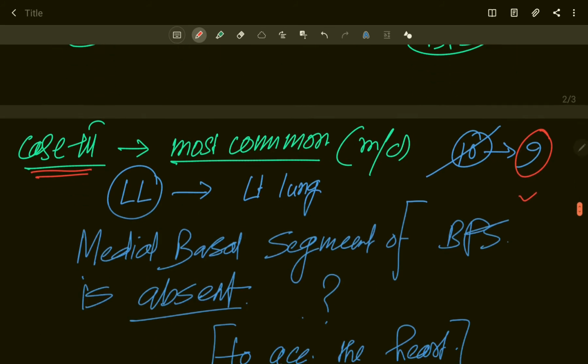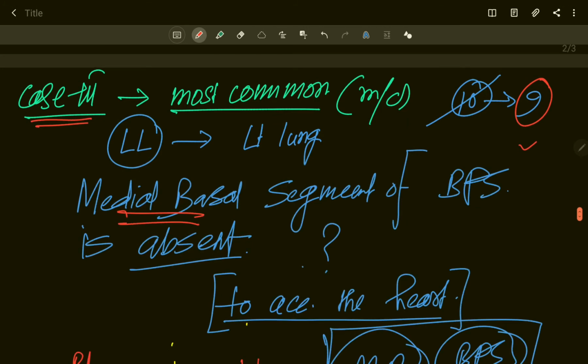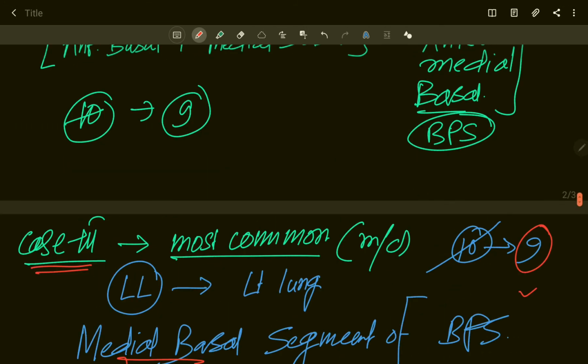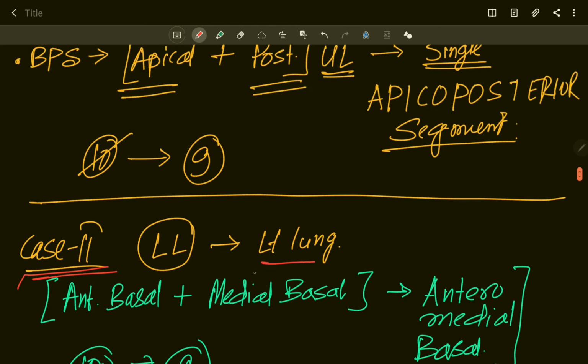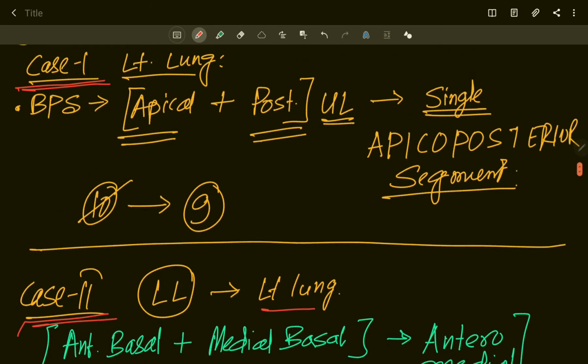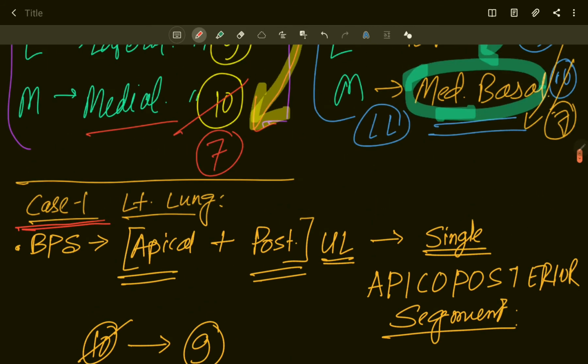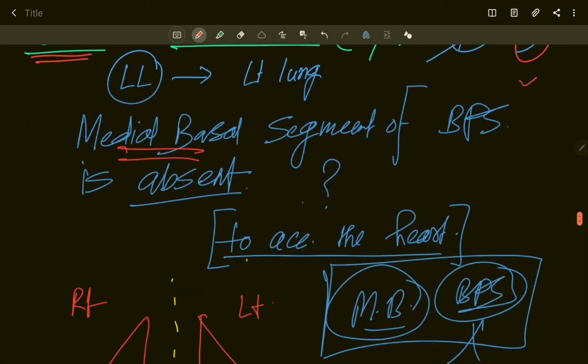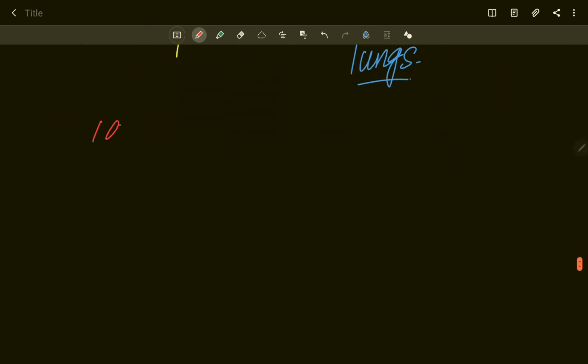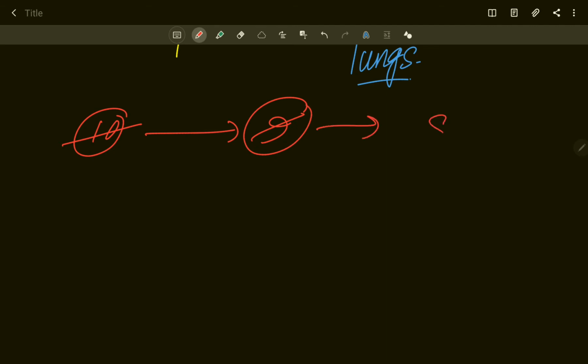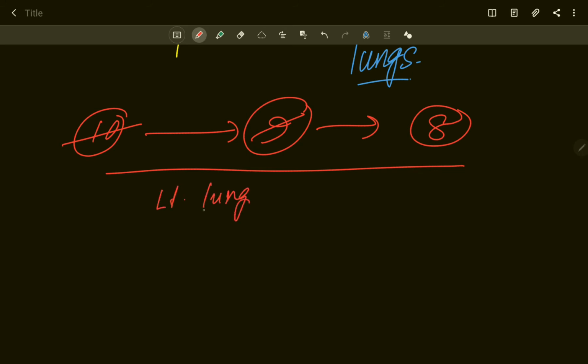That means if the medial basal is either absent or fused with the anterior basal, if any two possibilities, any two cases are present together, then how many bronchopulmonary segments? This is not 10, this is not 9, this is your 8. So that's how the bronchopulmonary segments in the left lung vary from 8 to 10.